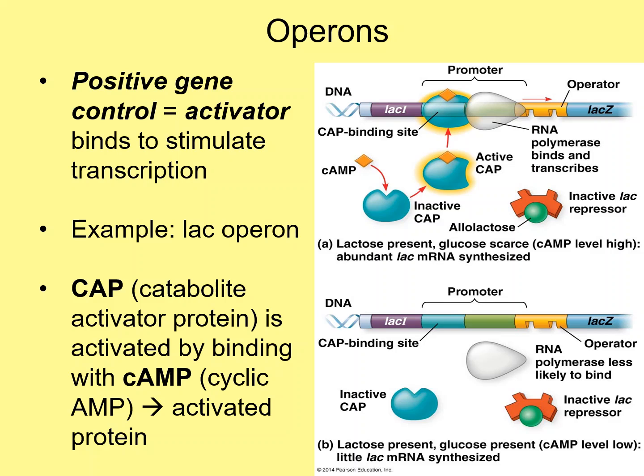Other operons might have similar activators, or different activators depending on what their enzymes make. But in this particular case, the activator is activated by cyclic AMP, binds to the promoter, and in doing so, turns up transcription of the enzymes involved in breaking down lactose.